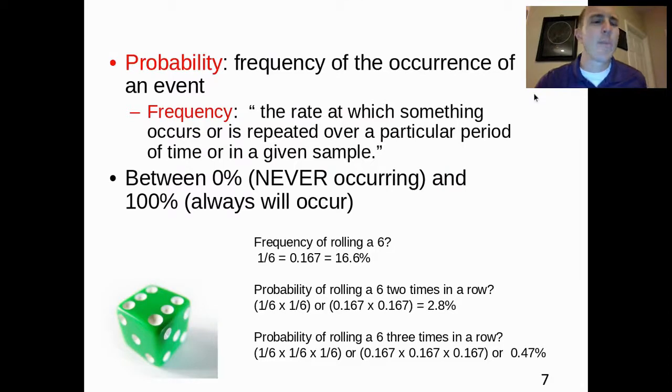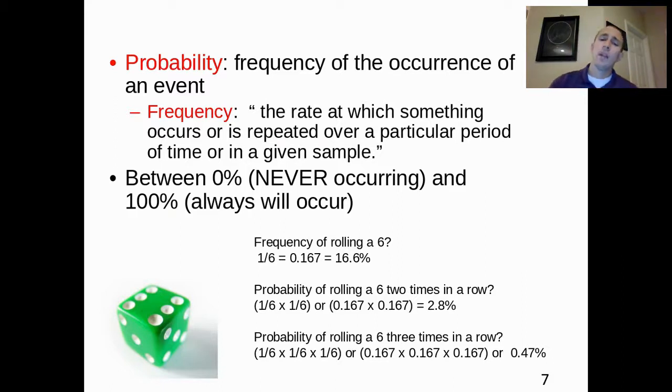So let's look at an example. So probability is just the frequency or the likelihood of something happening, an event happening. So it's going to fall somewhere between 0% and 100%. So let's look at the example of if you were trying to roll a die. So if you rolled a die and you wanted to get a 6, you've got a 1 in 6 chance, right?